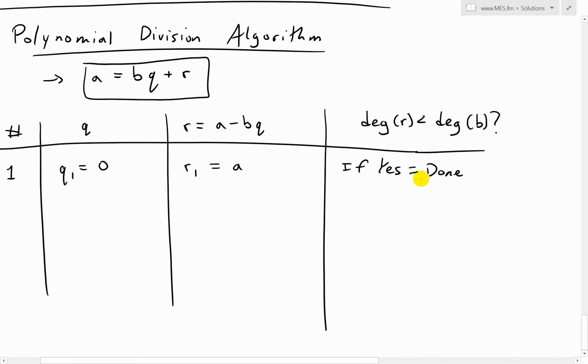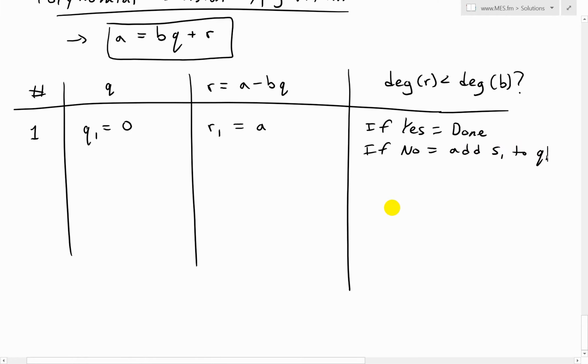And if no, we continue. Before what I mean by continue, we add S, I'll write S1 to Q1. And then I'll explain how the Wikipedia page determines the S1 there. The reason is we've got to increment it until this one keeps going down and down.